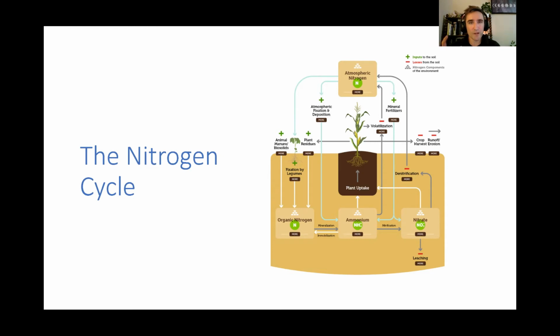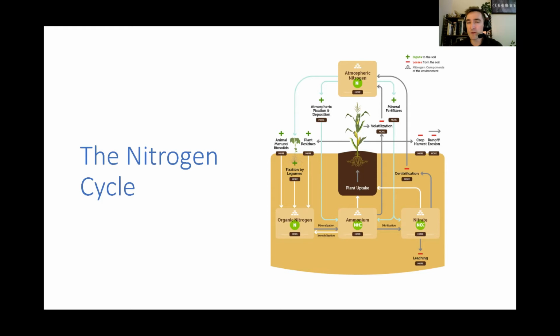Those organisms will get eaten by other organisms, and then what's left is the mineral deposits from the inside of those organisms. And that's called mineralization. And that gives us ammonium. The plant can take in ammonium itself, but also ammonium will go through other processes and turn into nitrate.